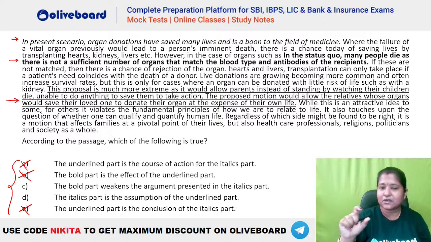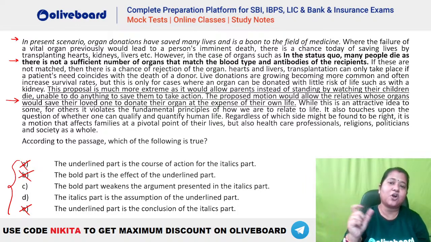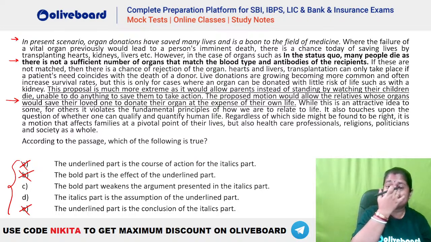From this complete argument, you can see the main concern is that people are not getting enough organs for donation. That is, the donors are not readily available, and that is why the parents, or the relatives, would have to donate, isn't it? So you can see that is the problem here.